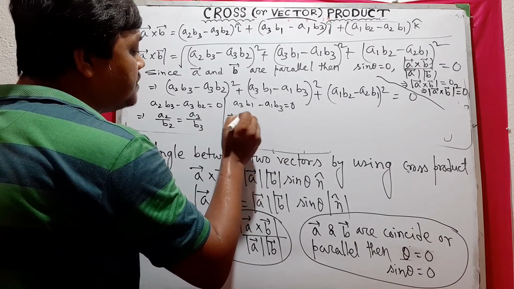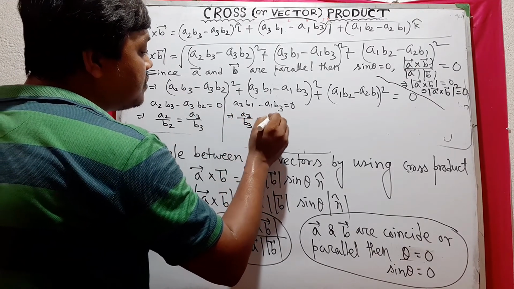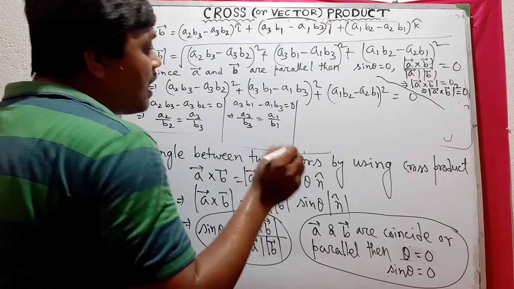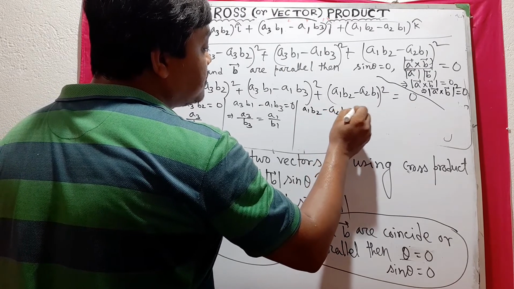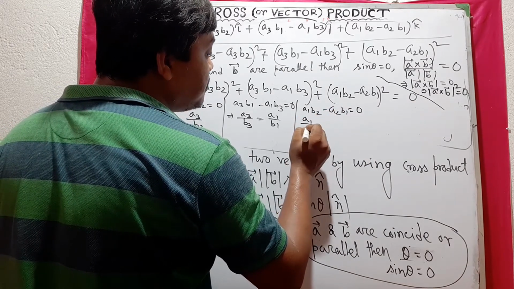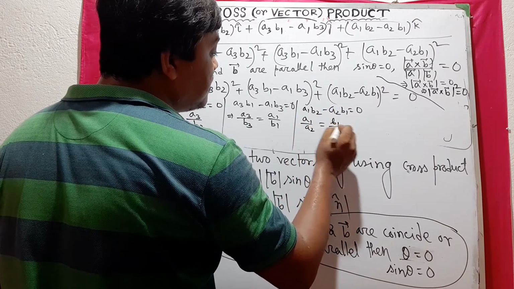so a3 by b3 equals a1 by b1, and a1b2 minus a2b1 equals 0, so a1 by a2 equals b1 by b2.